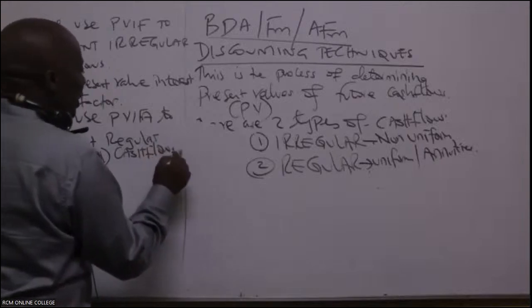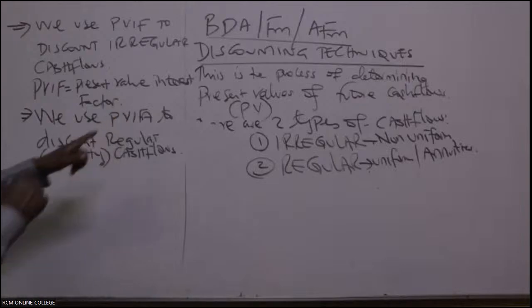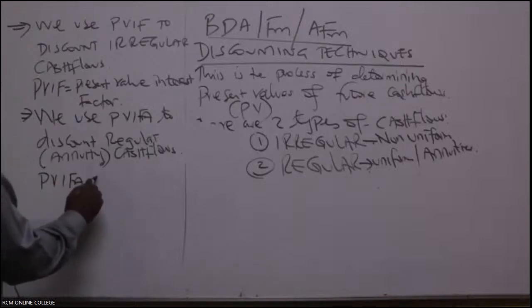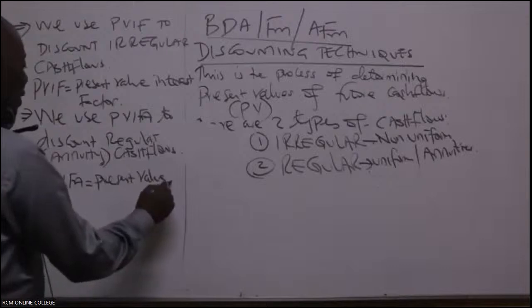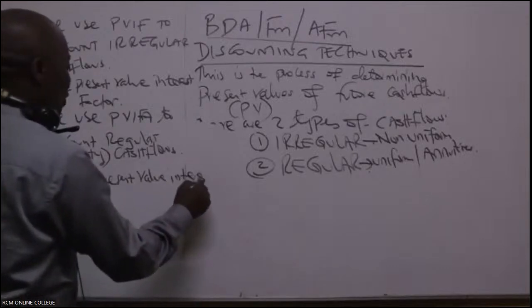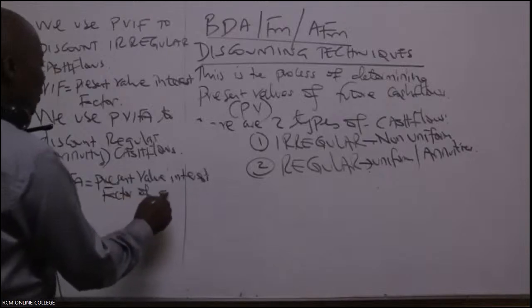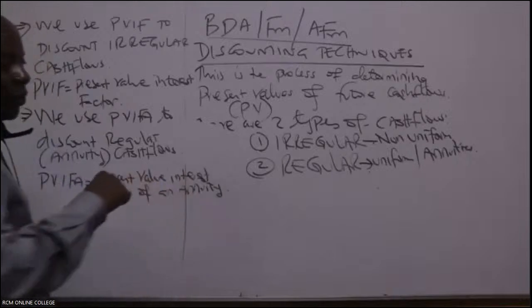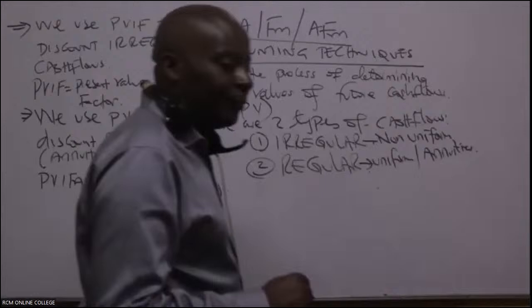To discount regular or annuity cash flows, we normally make use of what, ladies and gentlemen? PVFA. So what does this PVFA stand for in full? This PVFA stands for present value interest factor of an annuity.